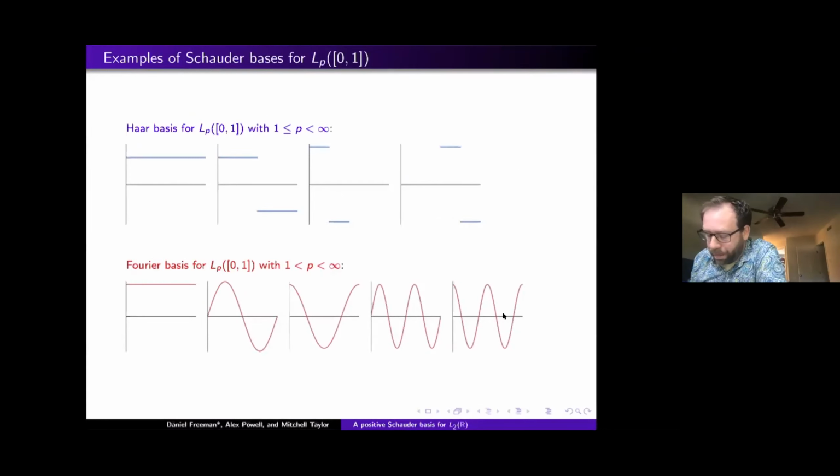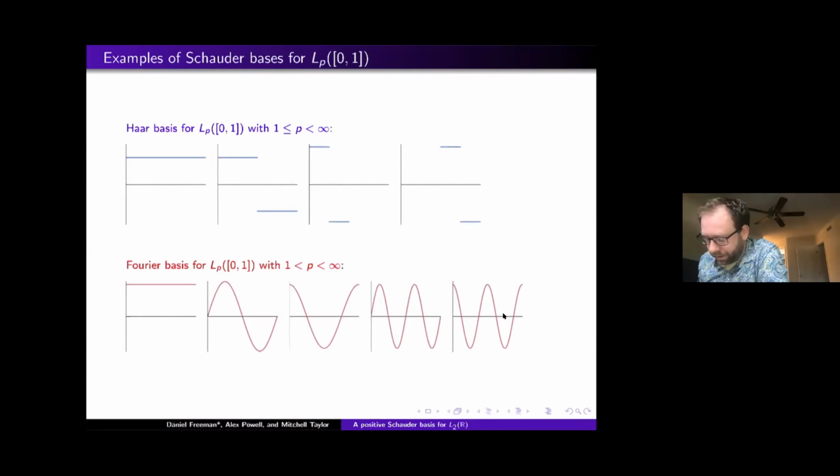We can look at the Haar basis, where it starts with just the indicator function of the interval 0, 1. Then you have this Haar vector, and then you dilate it to the interval 0 to a half, and then translate that to a half to 1, and then keep going. This will be an unconditional Schauder basis for p strictly bigger than 1, and it's a conditional Schauder basis for p equals 1.